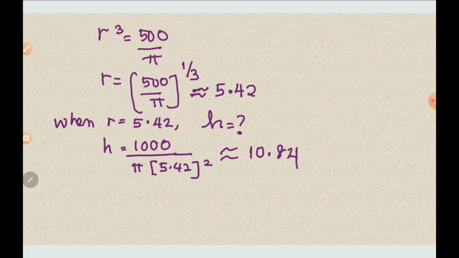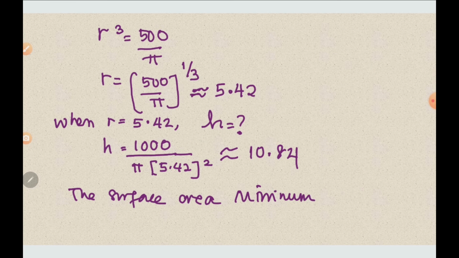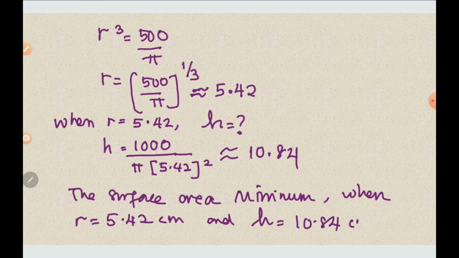So the surface area is minimum when r equals 5.42 centimeter and h is equal to 10.84 centimeter. That's all. Thank you.